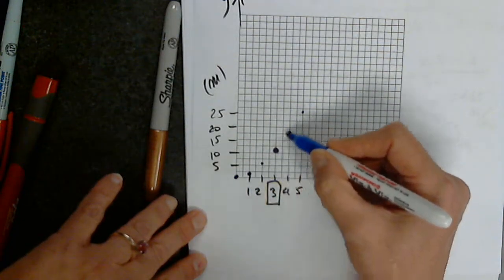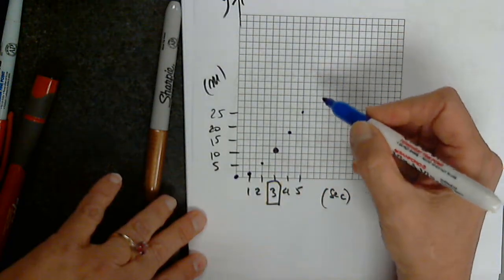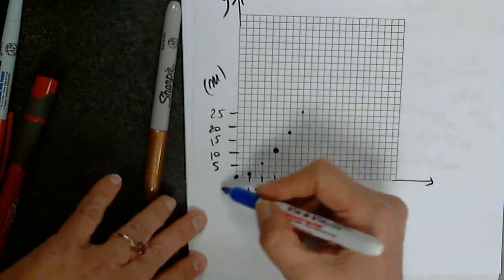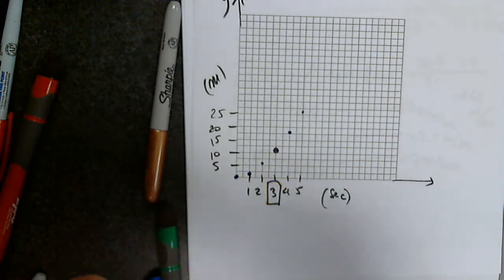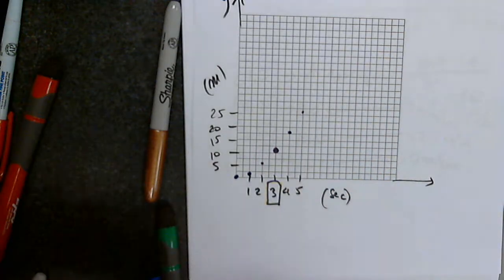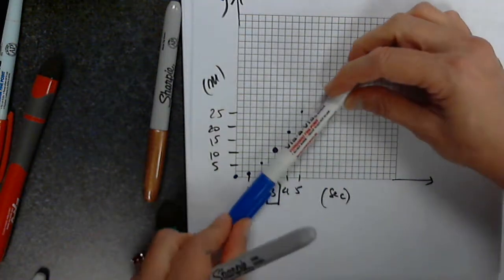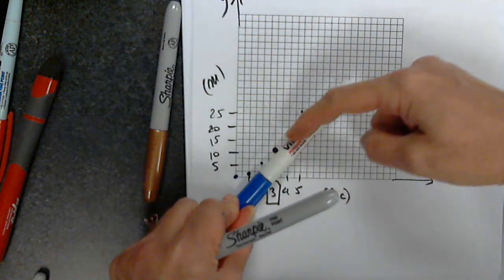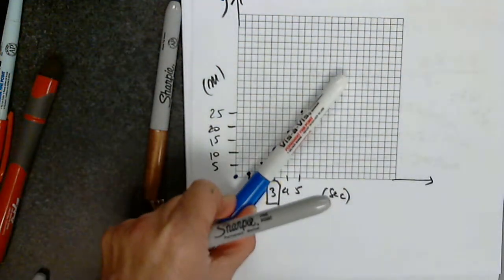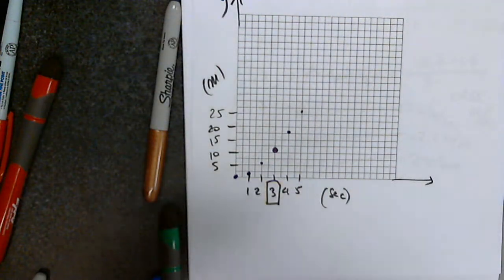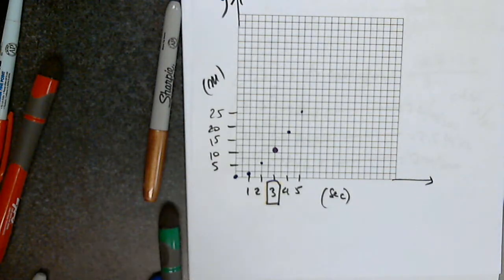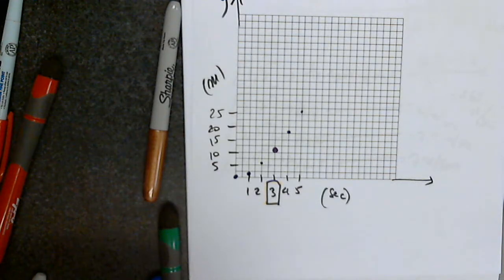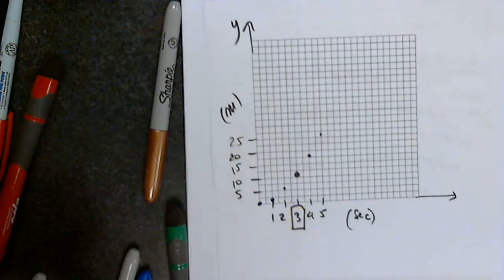So if I graph the function, I don't want to graph it because I want to show you something else before I do that, then this line, which is tangent at 3, the slope of that line will give us the instantaneous velocity at that point. Are you with me? So here's what we have.